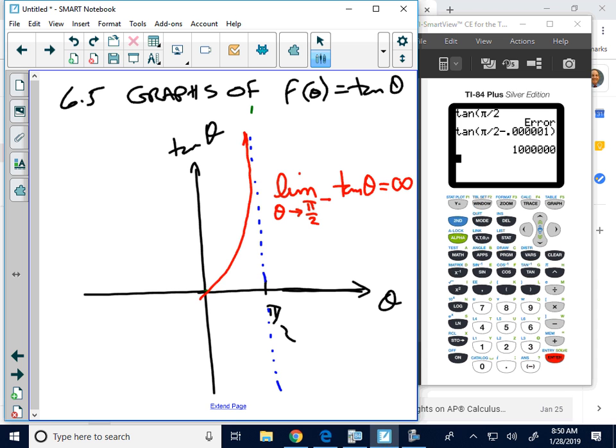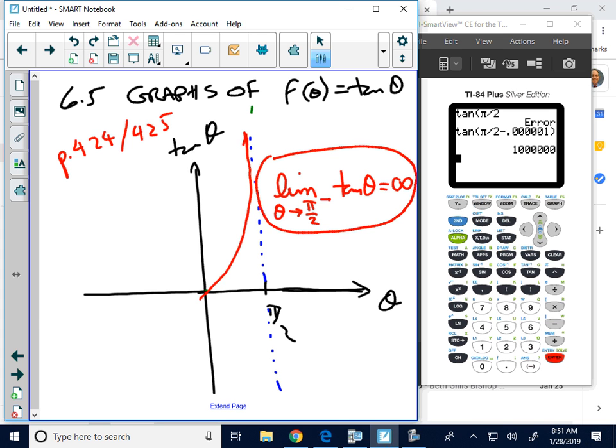Now, this, again, let me give you a reference in your book. Look at your book on page 424. It has this notation. So page 424 and 425. This is called one-sided limits.